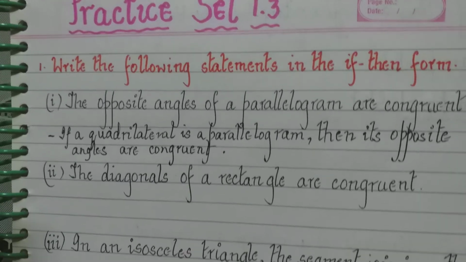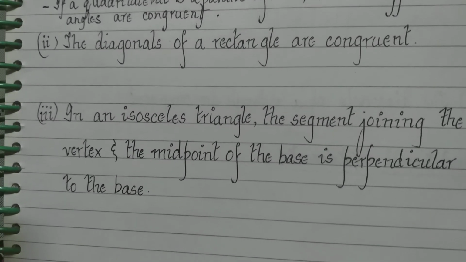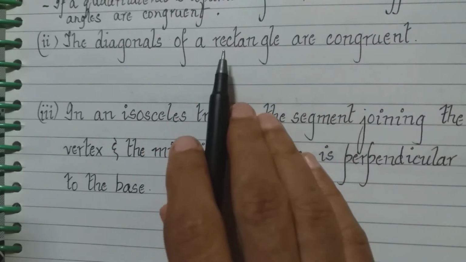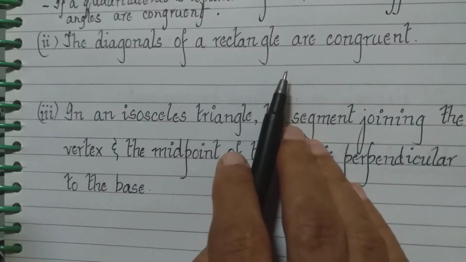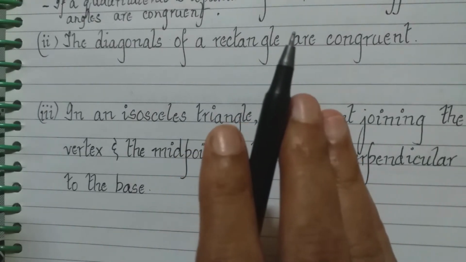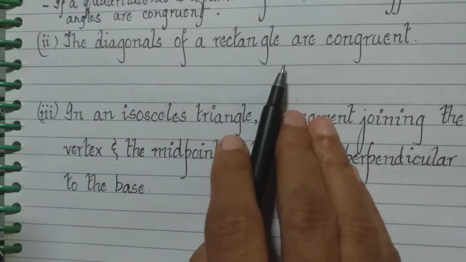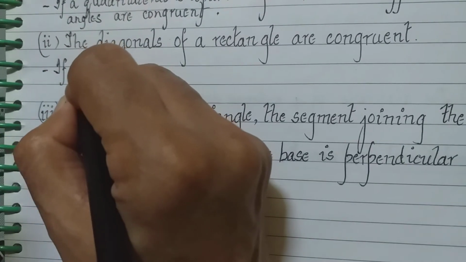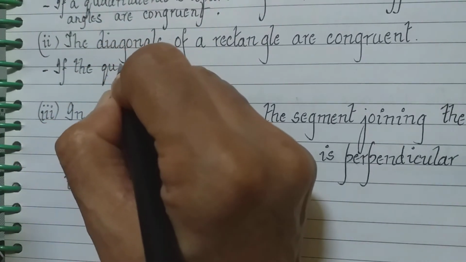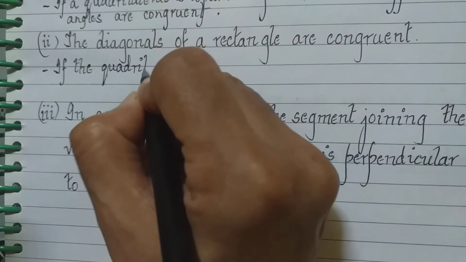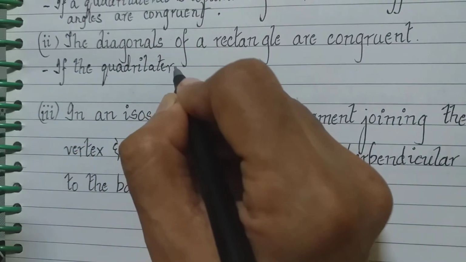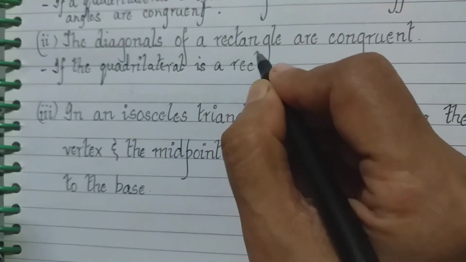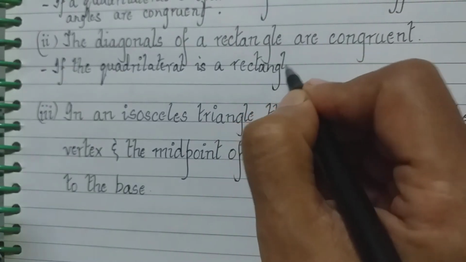Similarly, the second question also is very simple. Second sub question here, the diagonals of a rectangle are congruent. Which is the figure they are talking about? They are talking about a quadrilateral, which is a rectangle. So if the quadrilateral is a rectangle, now we have to look for the property.